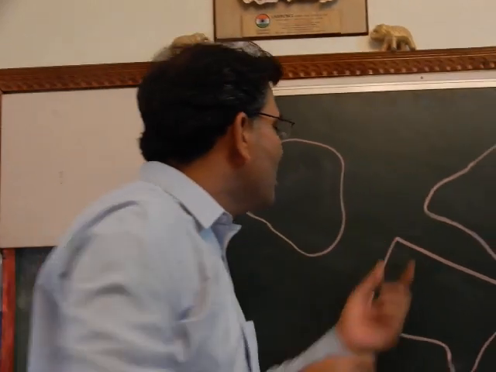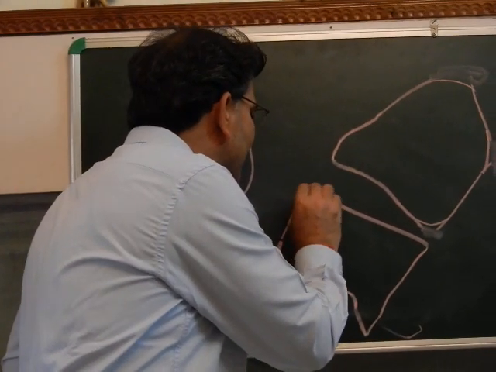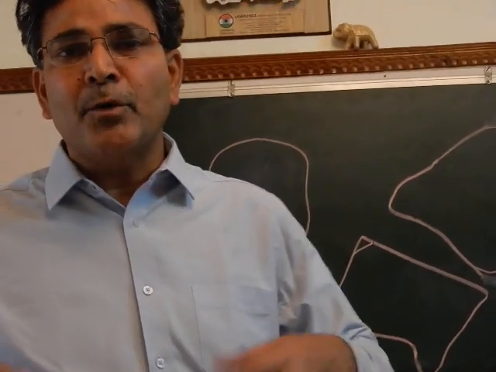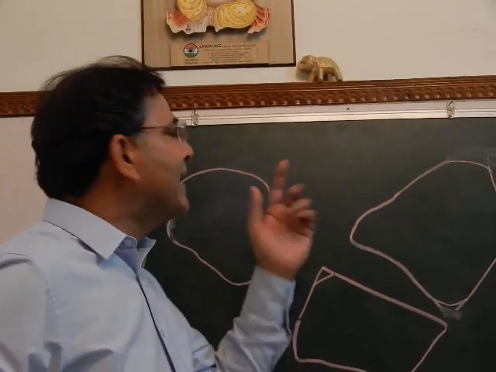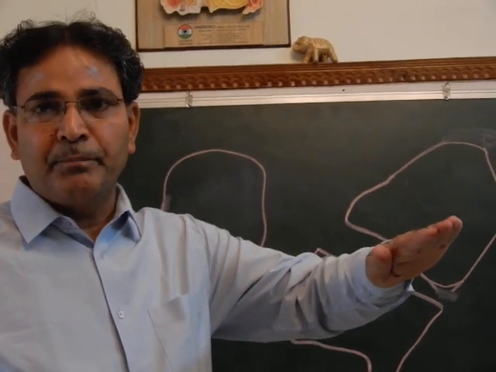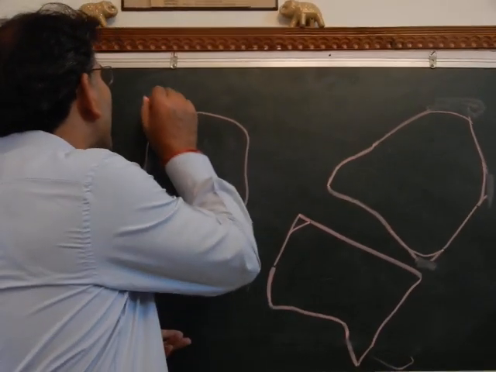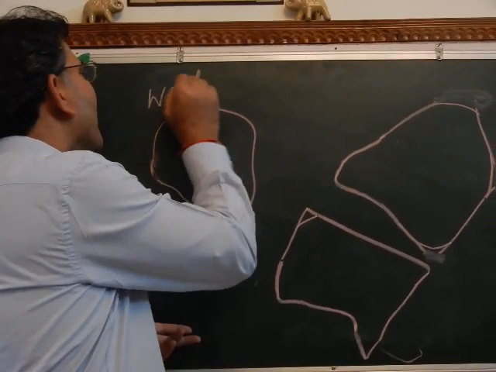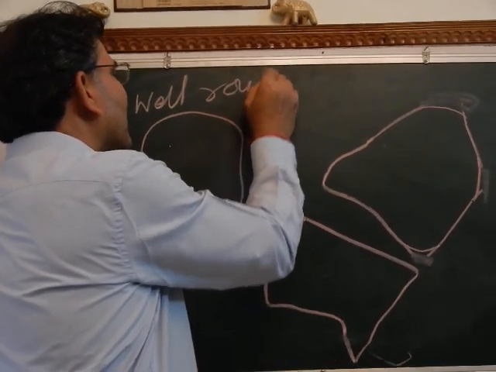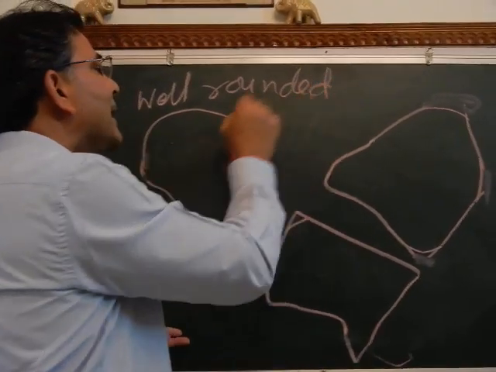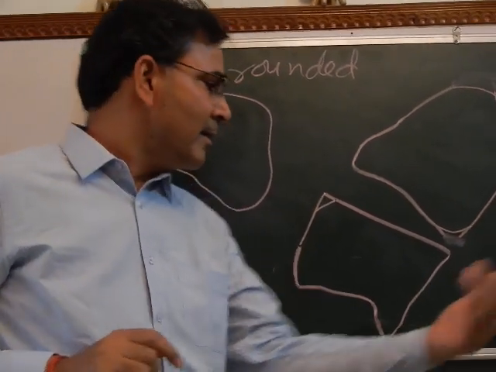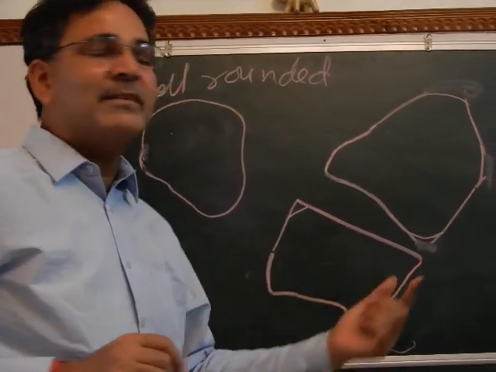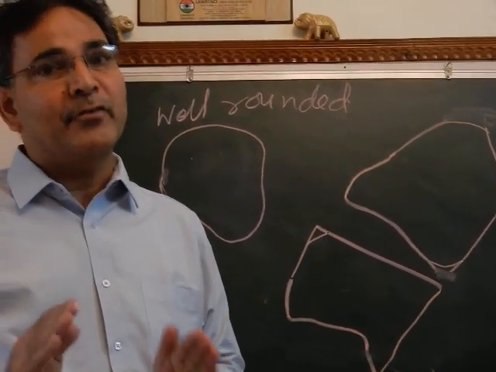So how is the angularity of a sediment removed? The angularity is removed by the process of weathering, and it indicates the degree of transportation of the sediments. It means well-rounded sediments indicate a high degree of transportation from their place of weathering to their place of deposition, whereas angular grains indicate a low degree of transportation.